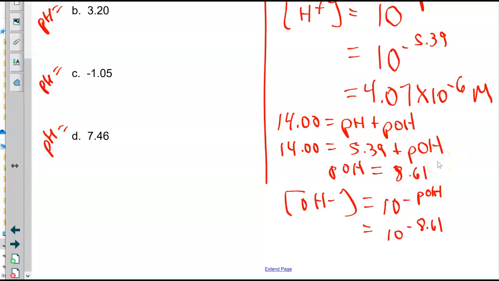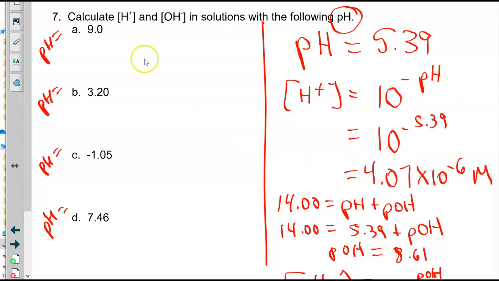So we can do 8.61 negative, or negative 8.61 depending on your calculator, and then second log. So this is going to be 2.45 times 10 to the negative 9th. And that's my OH minus concentration. Remember I said there were 2 ways. I was going to show you both ways, so that I've now calculated both of these pieces.